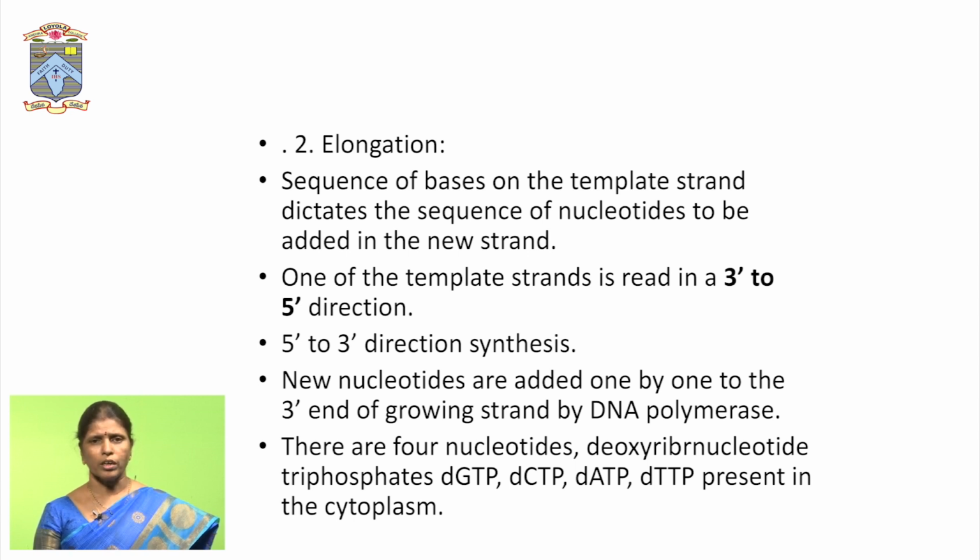So, one of the strands, as we have seen in the previous slide, is read in 3 prime to 5 prime direction, and the synthesis is always from the 5 prime end to 3 prime direction, and new nucleotides would be added one after another according to the guidance or information that is present in the template, to the free 3 prime OH end of the previous nucleotide base.